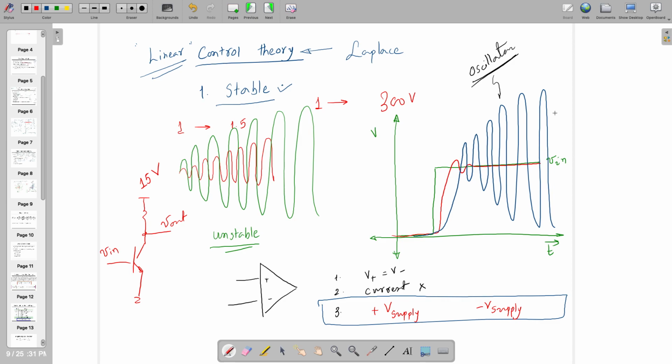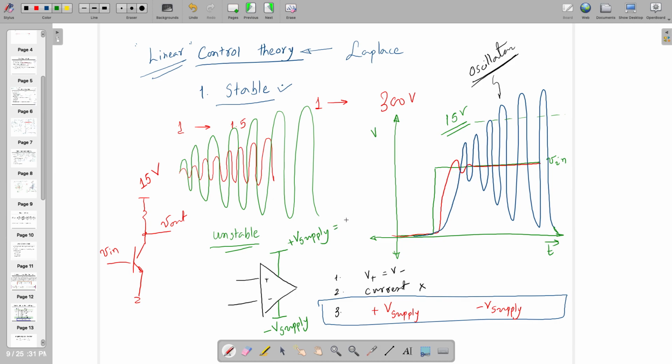So if there is an oscillator circuit or if this system is unstable, your output will be saturated at 15 volt, or let's say 0. So after a few oscillations, this will look like a square wave. That is going to be fed as your clock, right? So this is also the third rule. Remember, your output will never go beyond plus V supply and minus V supply.